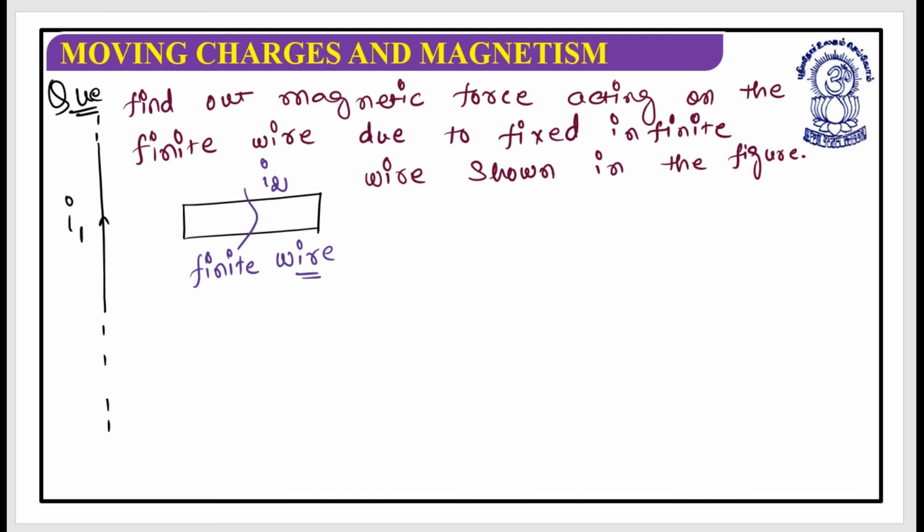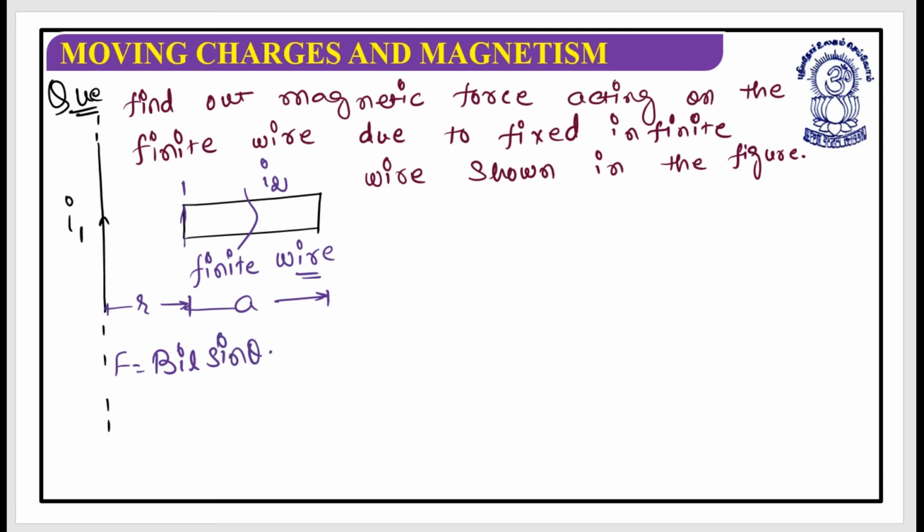Let's suppose this is distance r, and the length of the finite wire is a. If I take this as a distance, my magnetic force is BIL, F is equal to BIL sin theta.